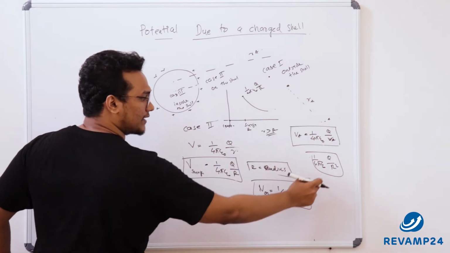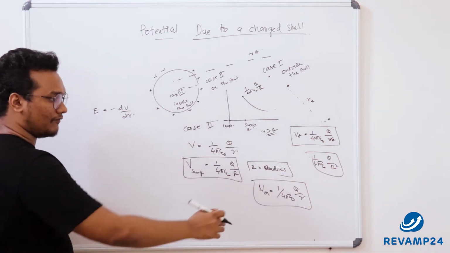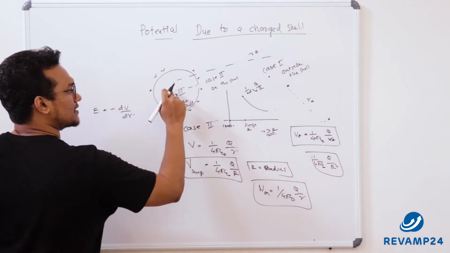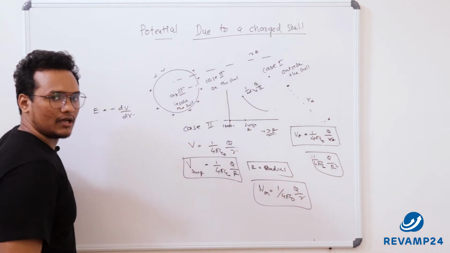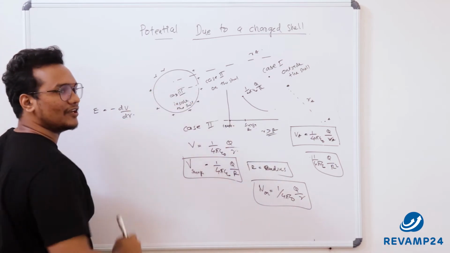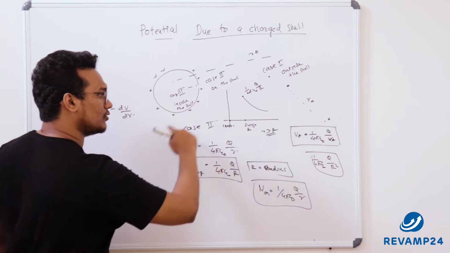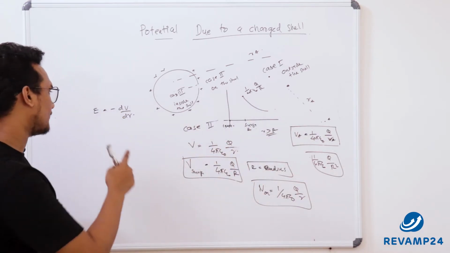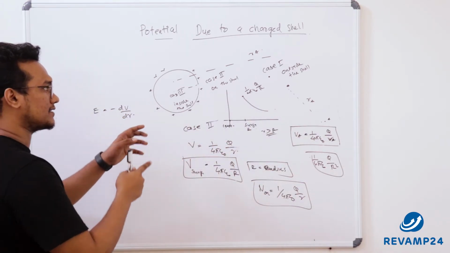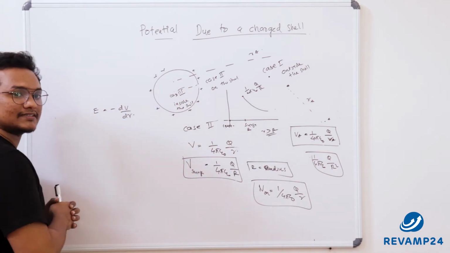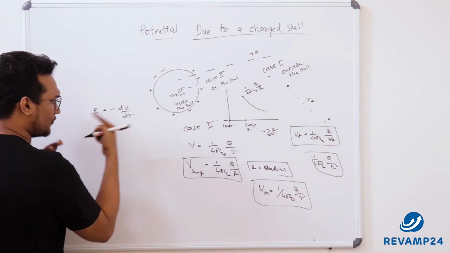Even outside I can substitute the value of electric field as this one, where r will be the distance measured from center to that point. But inside, we know electric field is 0 from Gauss's theorem. So I can't use these two equations. I have to derive the value of potential inside the shell in a new method, where electric field is taken as 0. Now it's very simple.